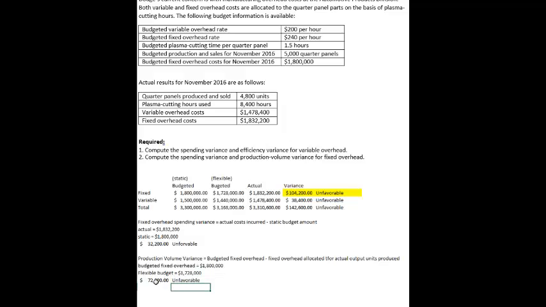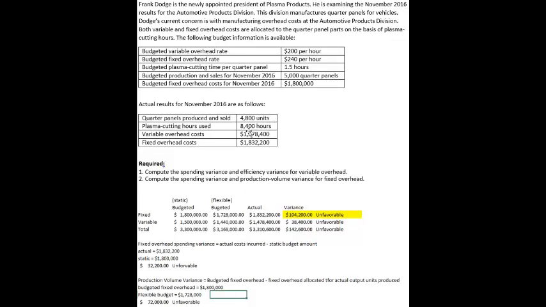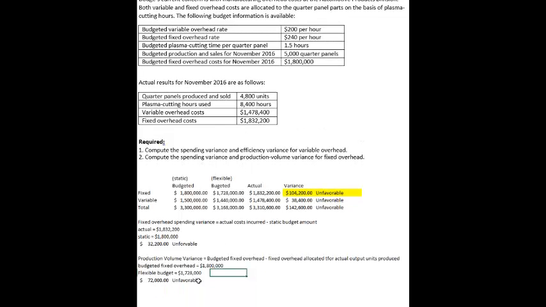The rationale for why that is an unfavorable variance is because when we applied overhead here, we only applied 1.728 million. We didn't allocate enough overhead to cover what we had budgeted for, and the only way that happens is because we didn't use enough hours. In other words, we only made 4,800 quarter panels when we thought we were going to sell 5,000. So we sold less, and therefore we allocated less of our fixed factory overhead, and that's not favorable.